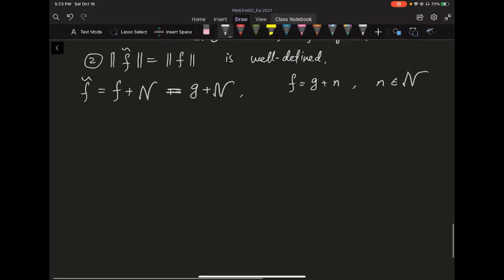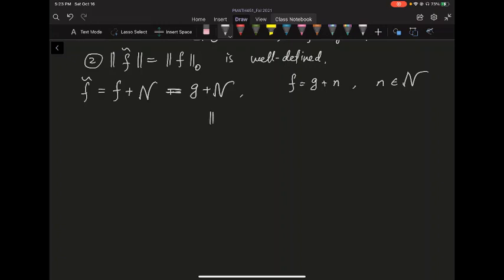When I make this definition, I can use f as the representative and define it as the semi-norm of f, or I can use the semi-norm of g. So to show it's well defined, I basically need to show f and g have the same semi-norm.